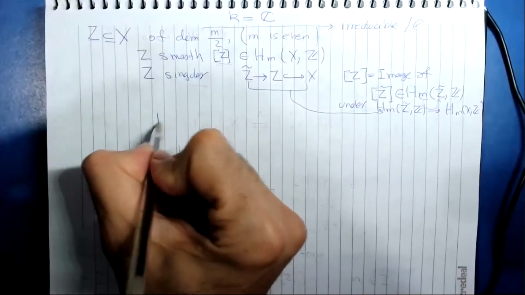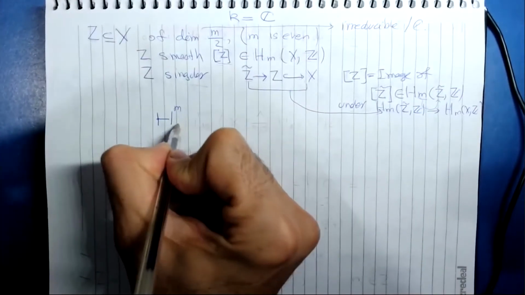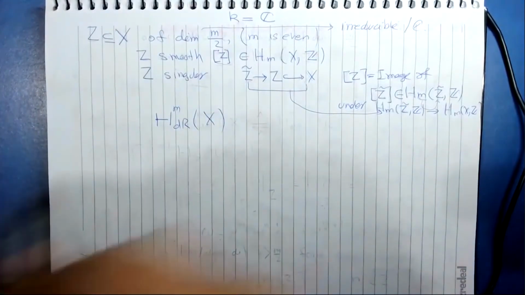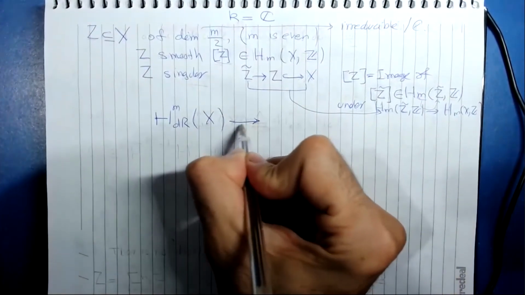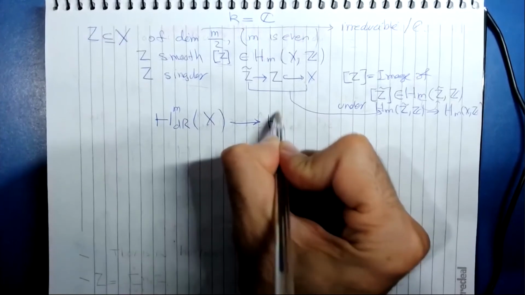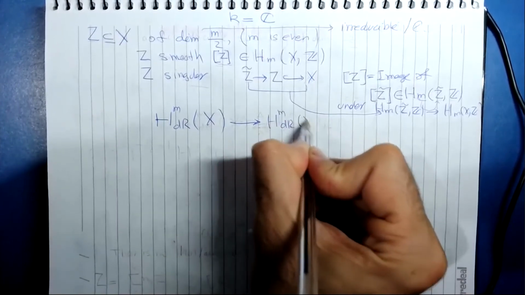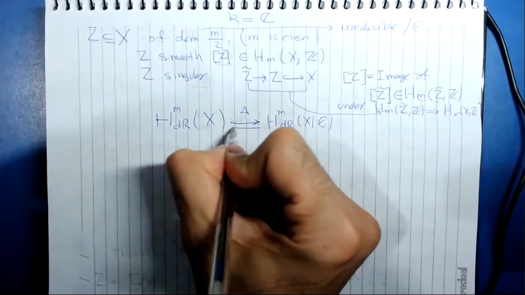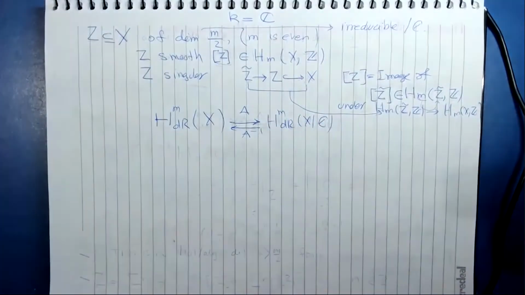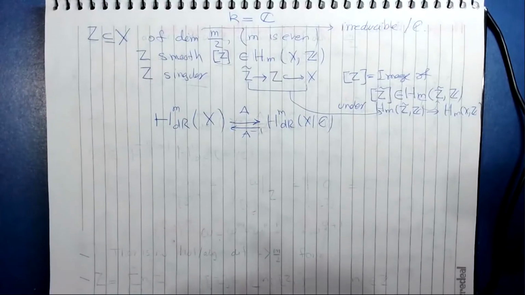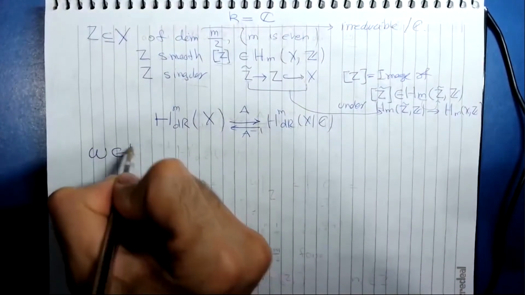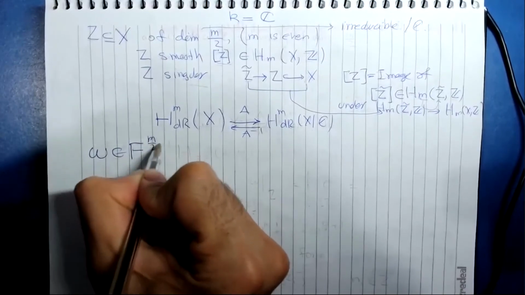Okay, let us recall also that the usual de Rham cohomology was isomorphic to the algebraic de Rham cohomology of X. We call this map A, and its inverse A minus 1. So I will take omega in F^(m/2+1).